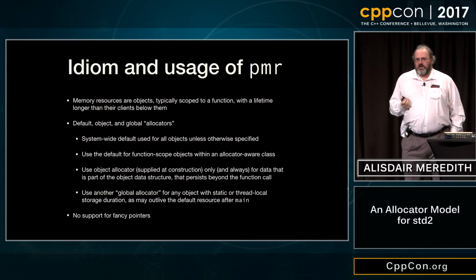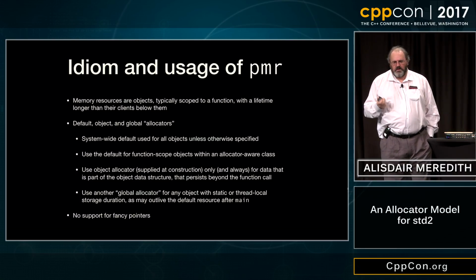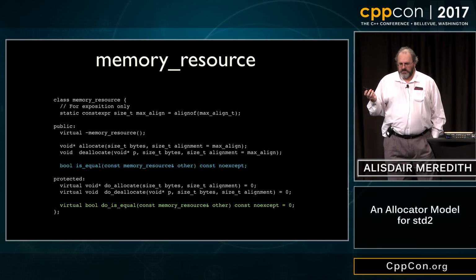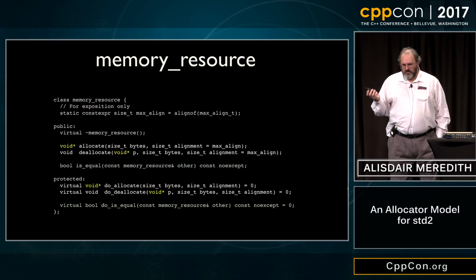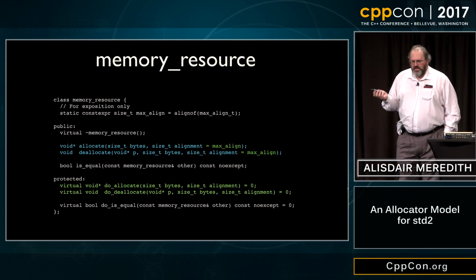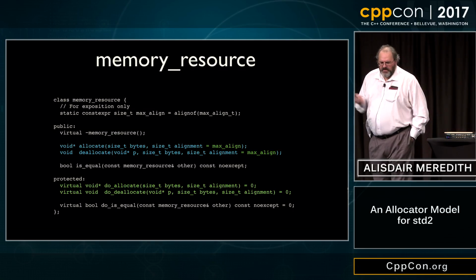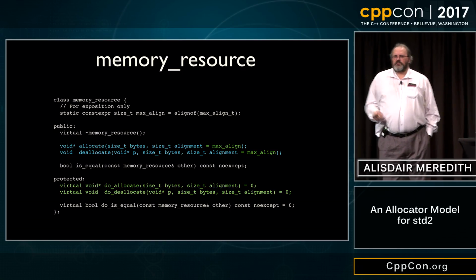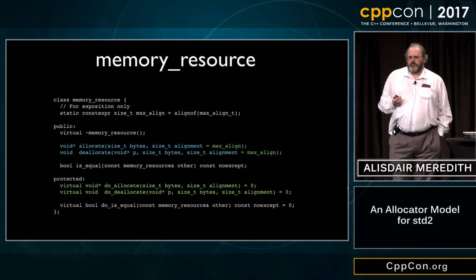The other key thing, though, that comes out of the PMR system is we no longer have support for fancy pointers. If I jump back, where's our virtual functions? We've got our virtual functions here. And they return void star. And they work with void stars. And because they're a virtual function, that's the signature I'm bound to.